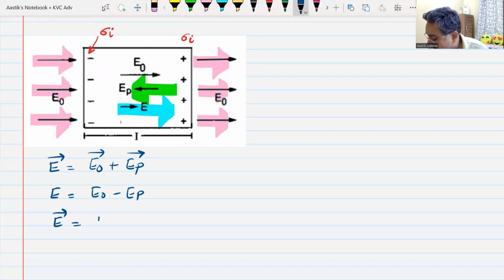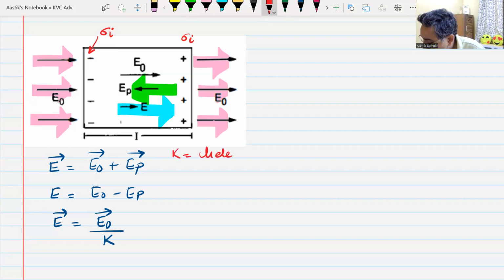I can also write it vectorly like this. This E vector can be written as E naught vector divided by K. And from there, this value of K comes. This K is known as the dielectric constant. K is 1 for vacuum.